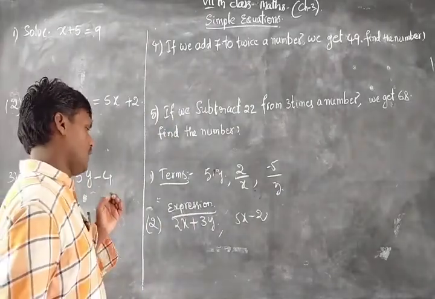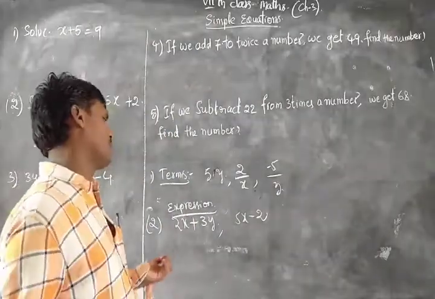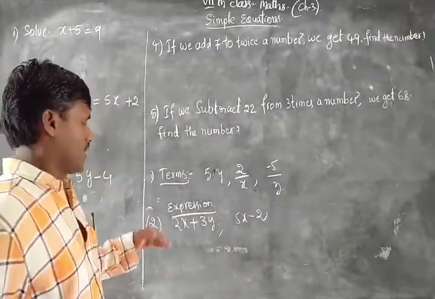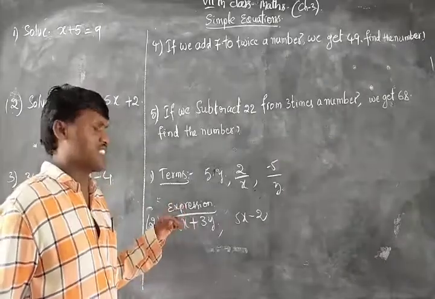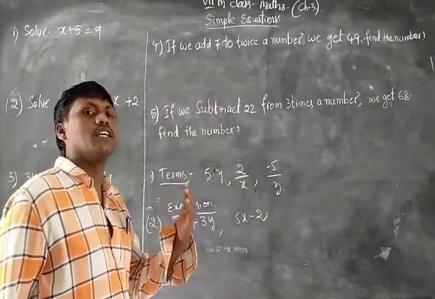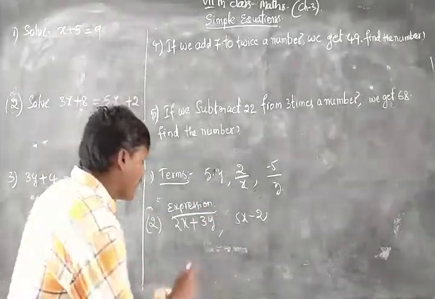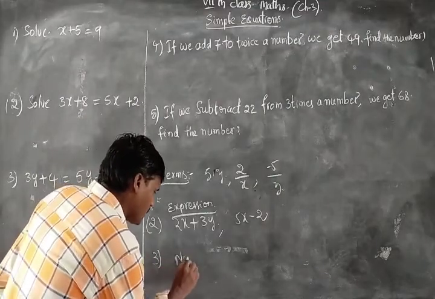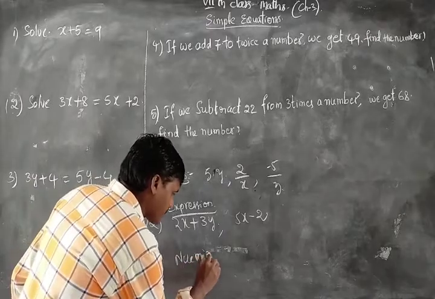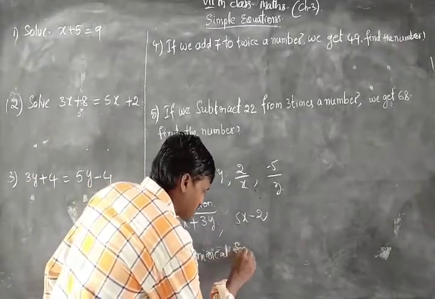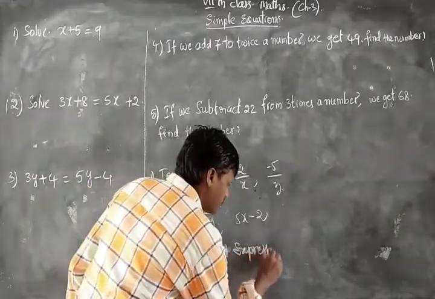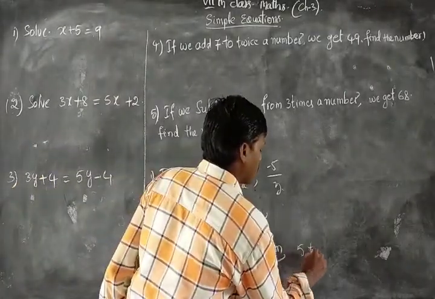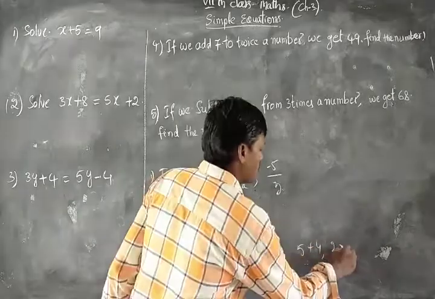Next, numerical expressions. What are numerical expressions? Numerical expressions means every term of the expression is a constant. For example, 5 plus 4, 2 into 3.